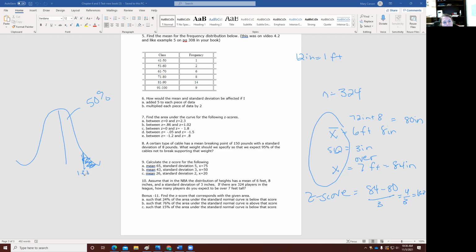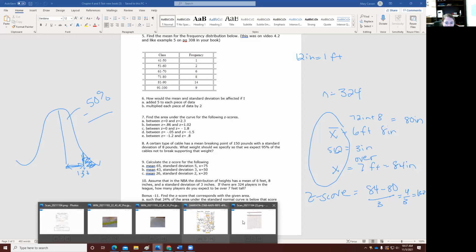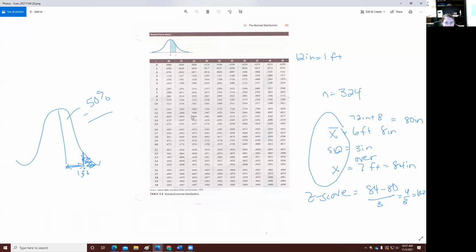Okay, so that means that we want higher, okay, we want just this part. So what we would have to do is we would find the percentage from here to here, and we would subtract that percentage from the 50, and that would be what's left over. So let's go and look up 1.33. 1.33 is 0.4082. So this is 0.4082. So what we would do is do 0.50 minus 0.4082.